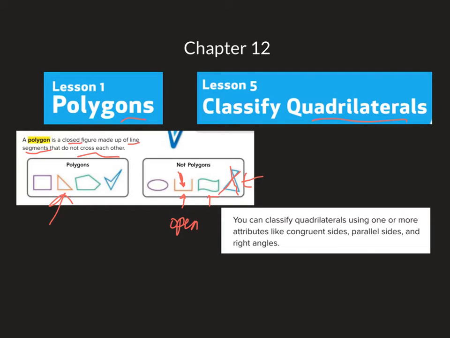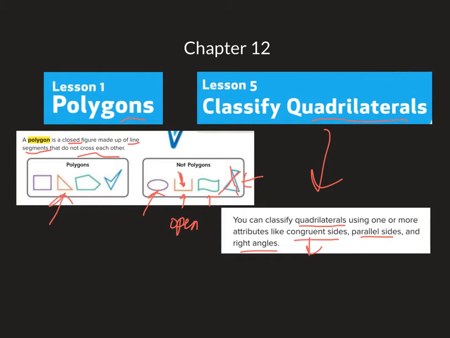This one's not a polygon because it has curved shapes. This is not a polygon because they're not made of straight lines. And then here we go. One of the polygons that we have is called a quadrilateral. You can classify quadrilaterals using one or more attributes like congruent sides, parallel sides, and right angles.